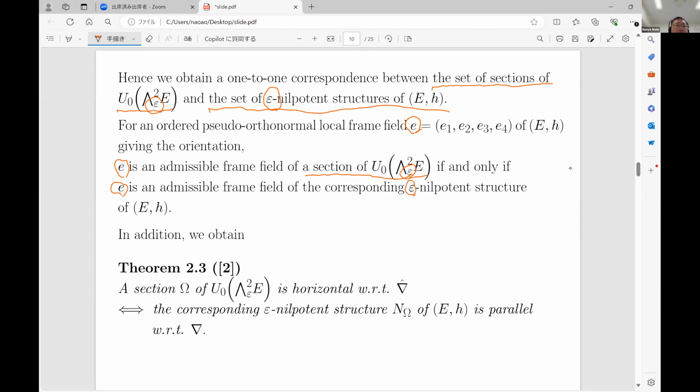In addition, we obtain this theorem. A section omega of the right-like twistor space with epsilon is horizontal with respect to nabla hat if and only if the corresponding epsilon nilpotent structure N omega of EH is parallel with respect to nabla.